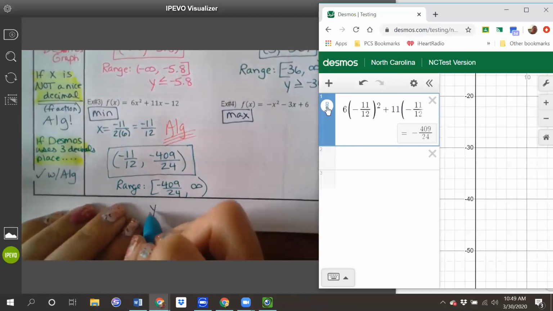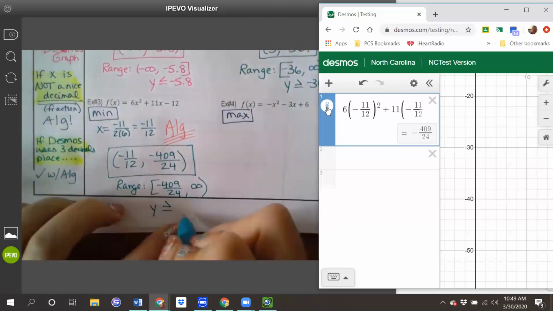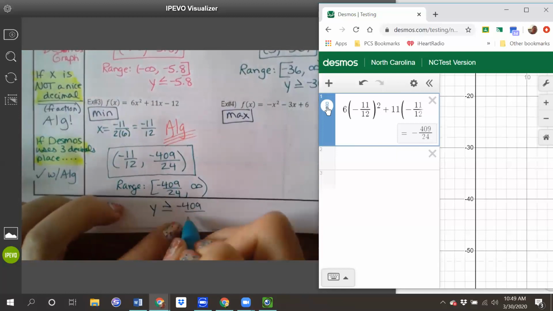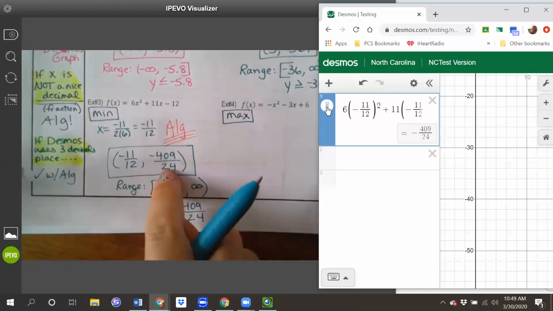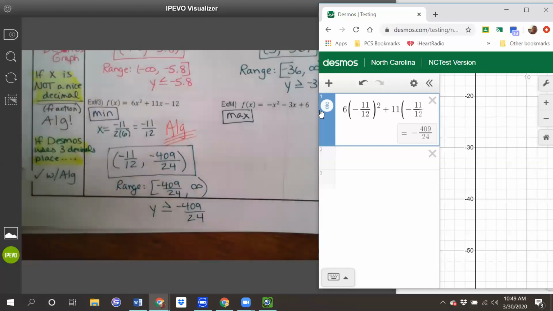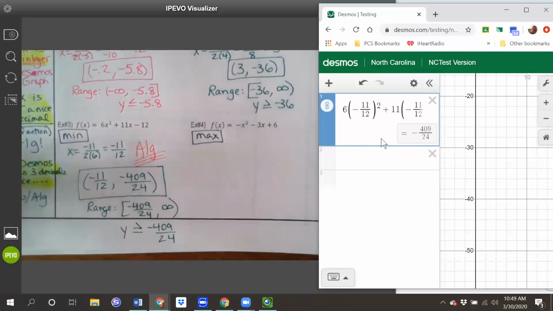Or if you prefer, your y values have to be bigger or equal to negative 409/24. How cool was doing that right here on Desmos? So you can use Desmos as a calculator as well. Super cool.